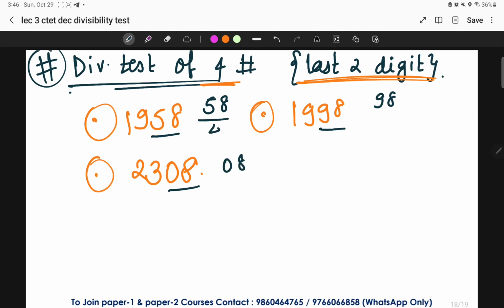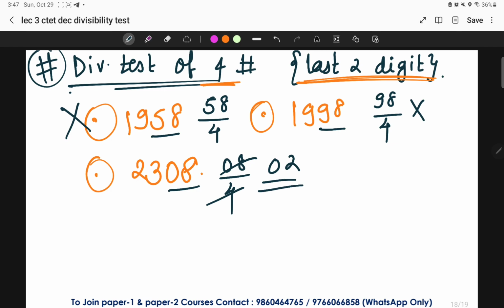So I'll divide them by 4. 58 is not divisible by 4, as 58 does not come in the table of 4, so the first number is not divisible by 4. Similarly, 98 is not divisible by 4 because 98 does not come in the table of 4. But 08, or simply 8, is divisible by 4, so that number is divisible by 4.